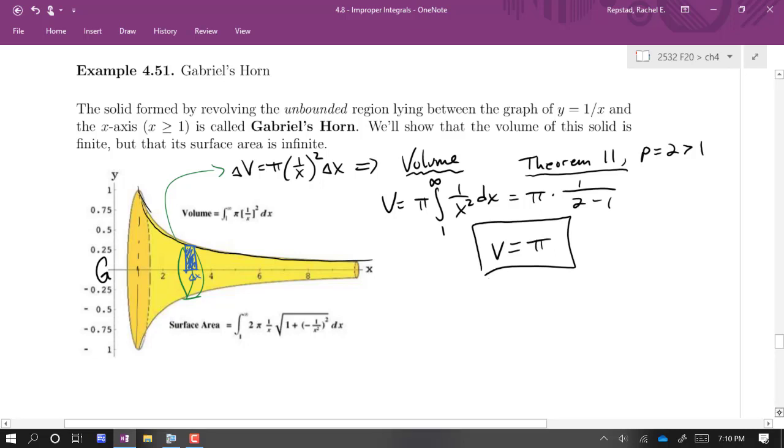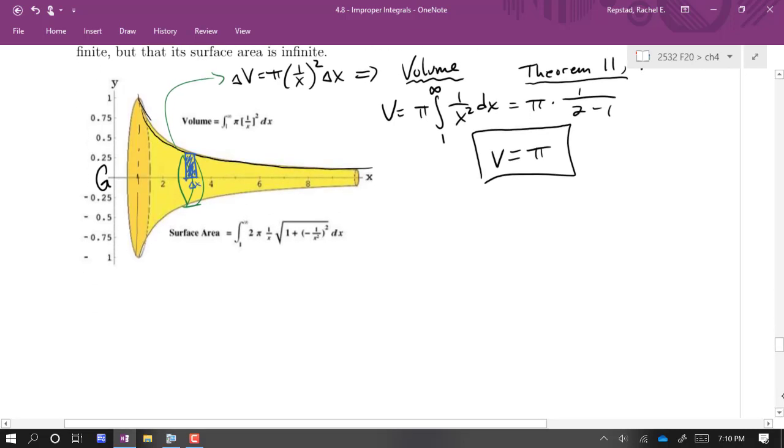Now let's consider the surface area. The surface area, you can see that the integral is given here. That just comes directly from the surface area integral formula from the last chapter.